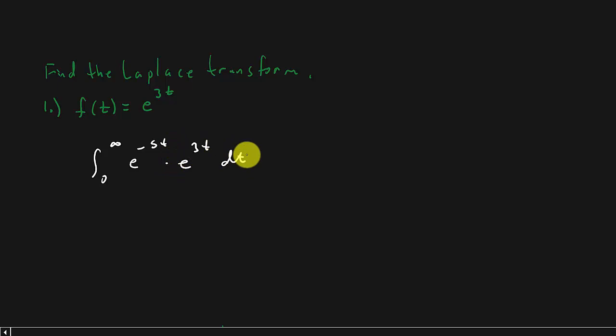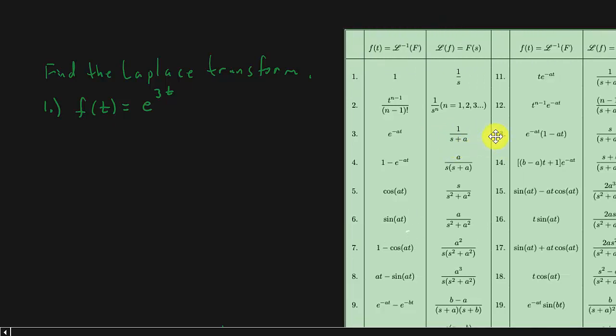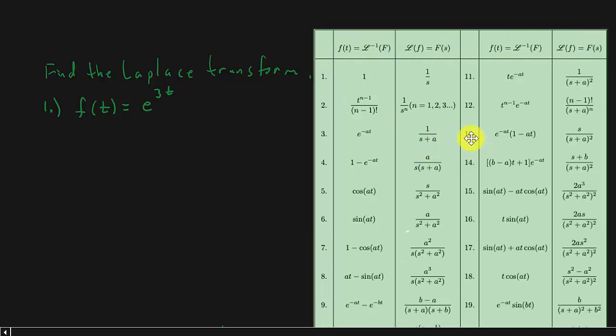And we would have to integrate that thing, which that one, it's not that bad, but I mean, we don't want to do that. So what we have here is a table, and what we need to do is match this up with something on the table. So let me bring the table over here, and this table's going to come down with us the whole time as we work.